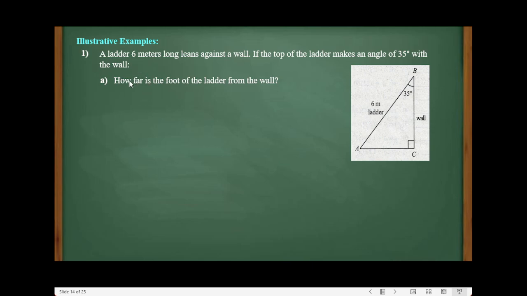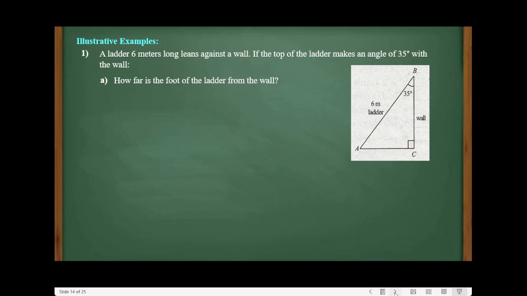Letter A is asking us to get the distance of the foot of this ladder from the wall. So if we draw a right triangle, we are actually looking for the length of this horizontal leg, since the vertical leg here is the wall. So this one right here is the unknown distance of the foot of the ladder from the wall, which is denoted by segment AC.